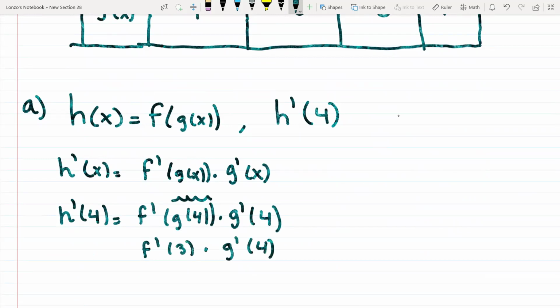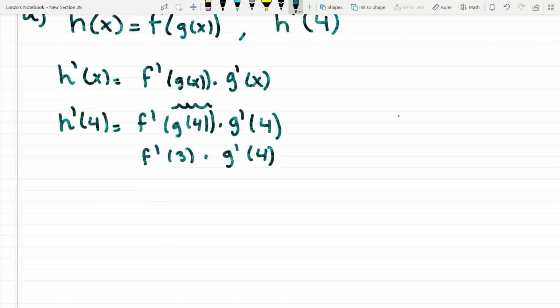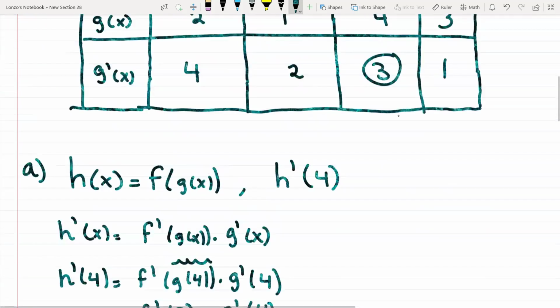What I would do next is find f prime of 3. So here's f prime, here's the x value, that's g prime. Wait, let me double check.